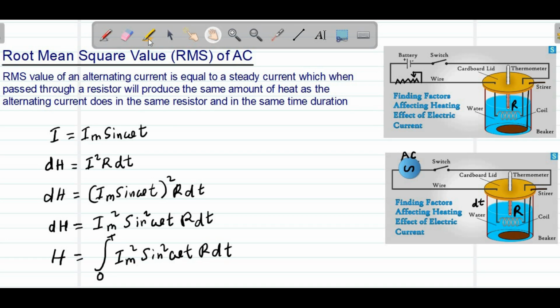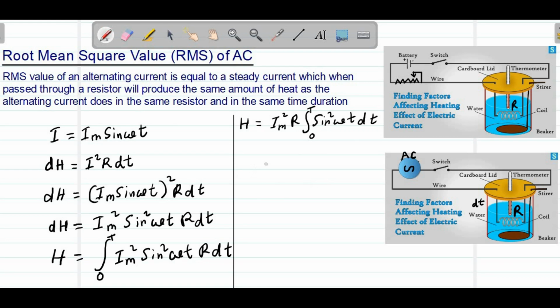So in the next step, H is equal to Im square R times the integral from 0 to T of sin square omega t dt. This will be the heat energy produced in one cycle of AC.